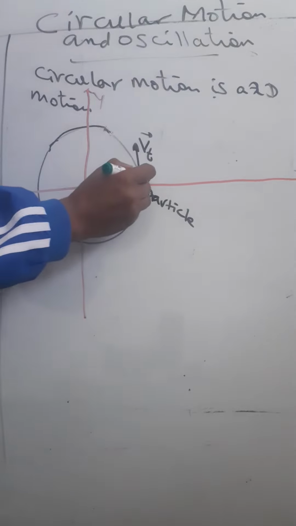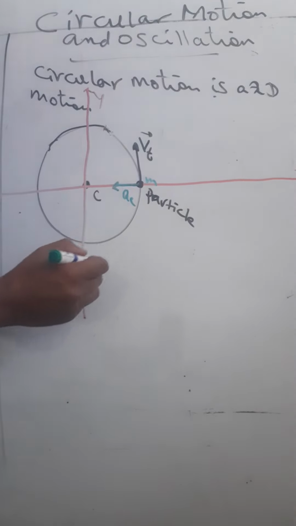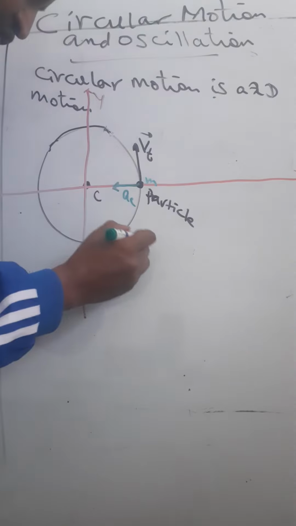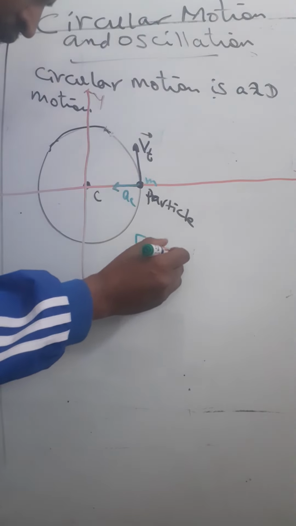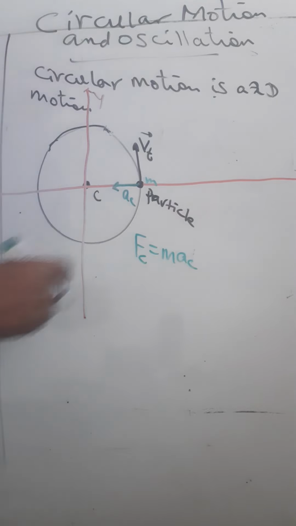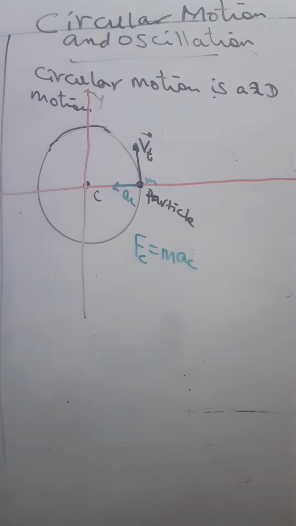Because the particle has mass, this acceleration is a result of a net force called centripetal force, so that you have mass times acceleration. This is about Newton's second law, actually.